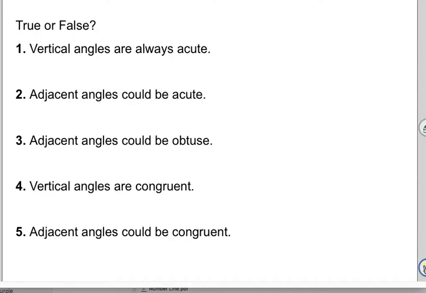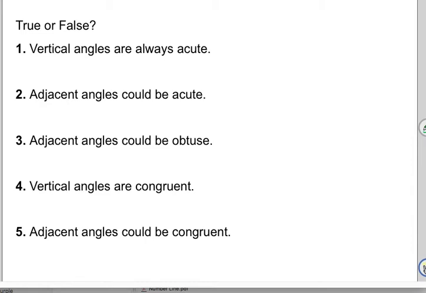Yes. Sure. Okay, adjacent angles, will they always be acute? It says could be. Adjacent angles could be acute. Could they be acute? Sure they could. But if they have to add up to 180, well, there could be more than just 2. Okay? All right, adjacent angles could be obtuse.